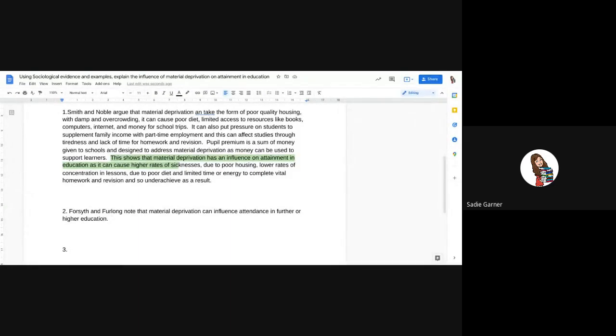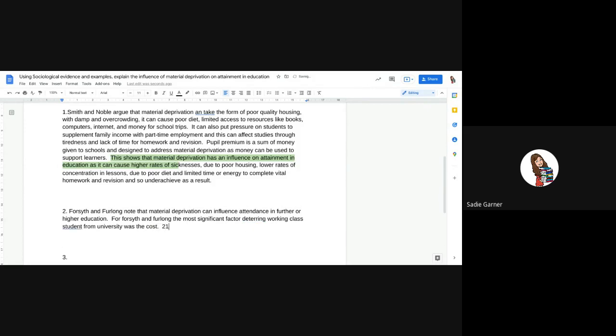So for Forsyth and Furlong, the most significant factor affecting the attainment, or affecting the most significant factor, deterring working class students from university was the cost. For Forsyth and Furlong, the most significant factor deterring working class groups from university was the cost.